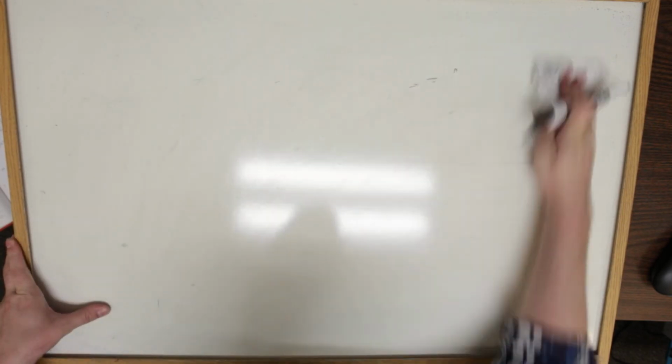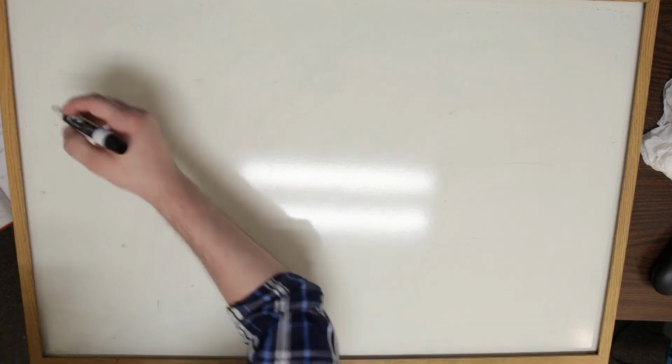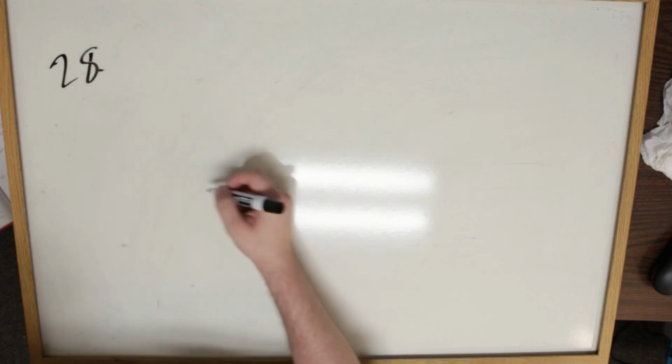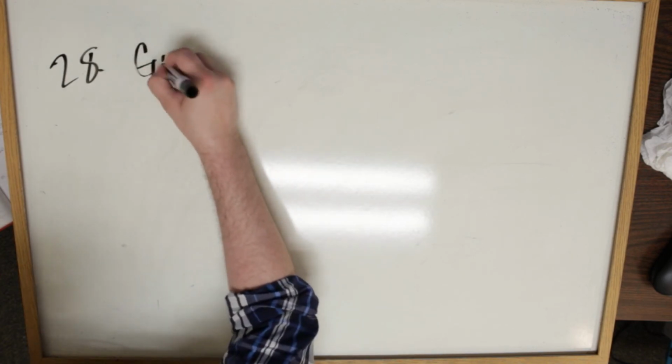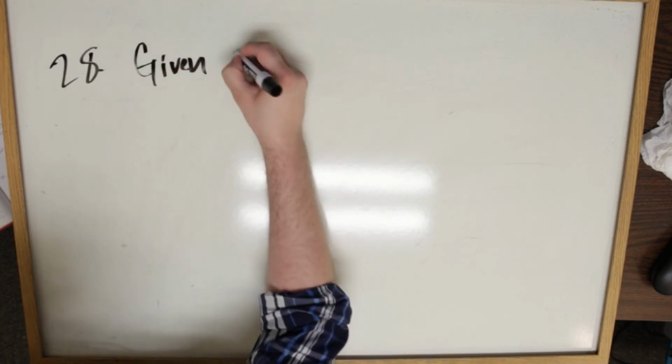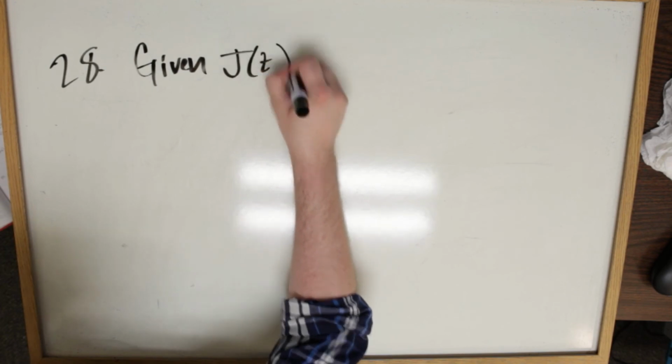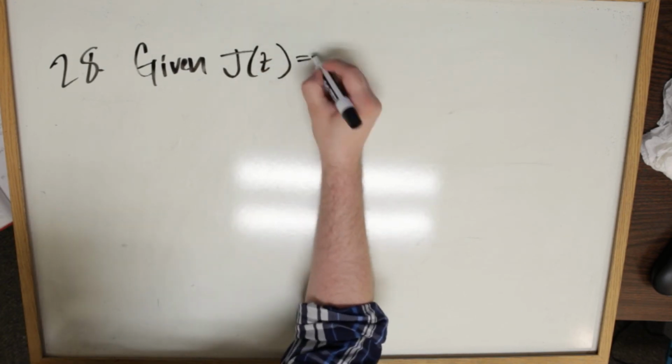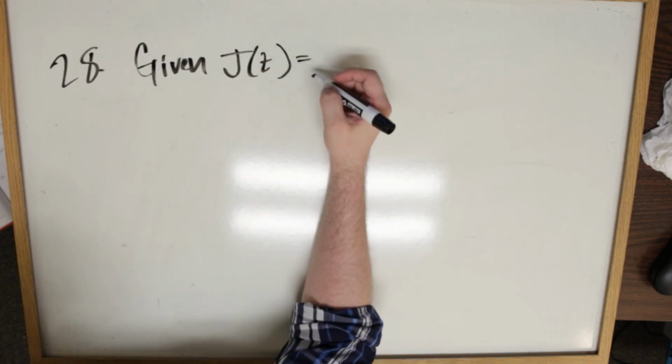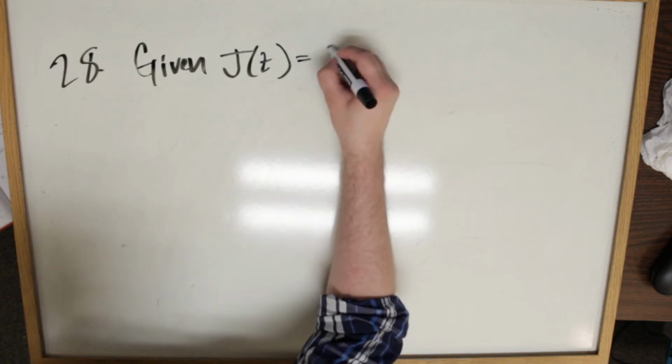Let's jump to my next page and do one of these. I'm going to do 28. In these ones, you're asked to evaluate the function at specific x values, or in this case t values, it looks like.